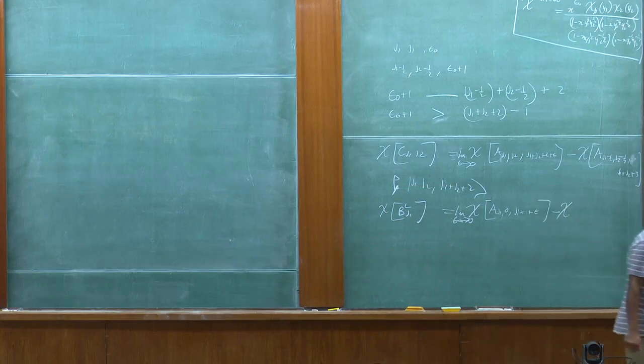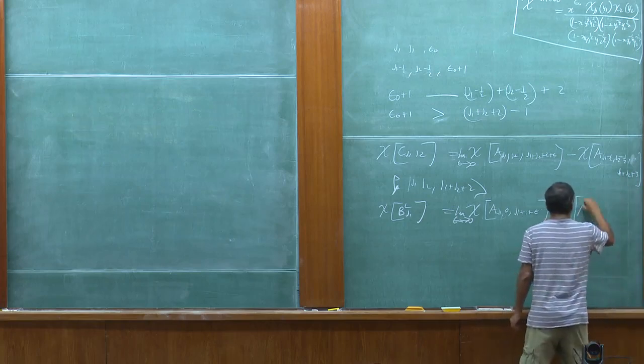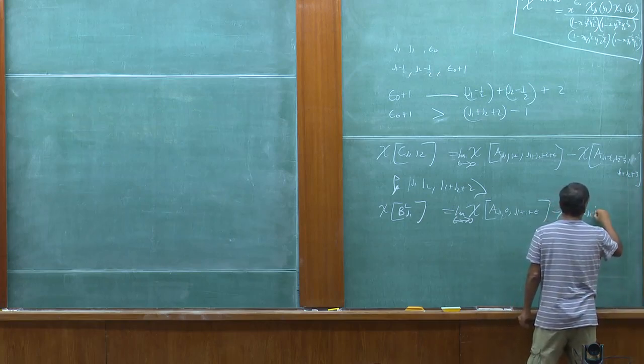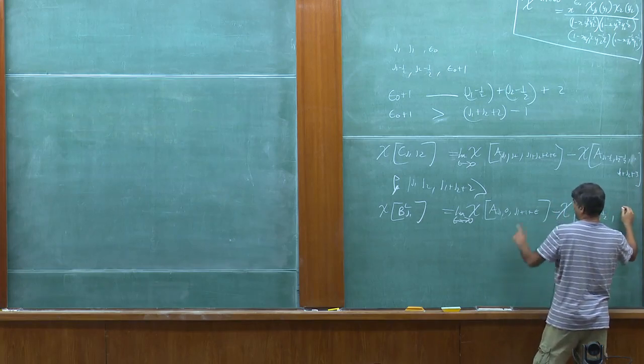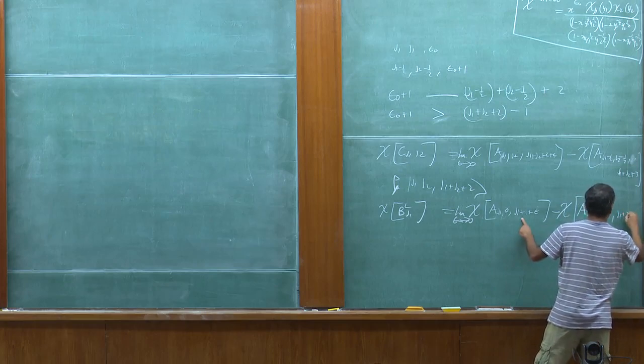Now in this case, what was the null state? J1 was non-zero, so J1 was reduced by half. But J2, which was 0, had to be increased by half. So we get chi of A of J1 minus half, and J1 plus 2.